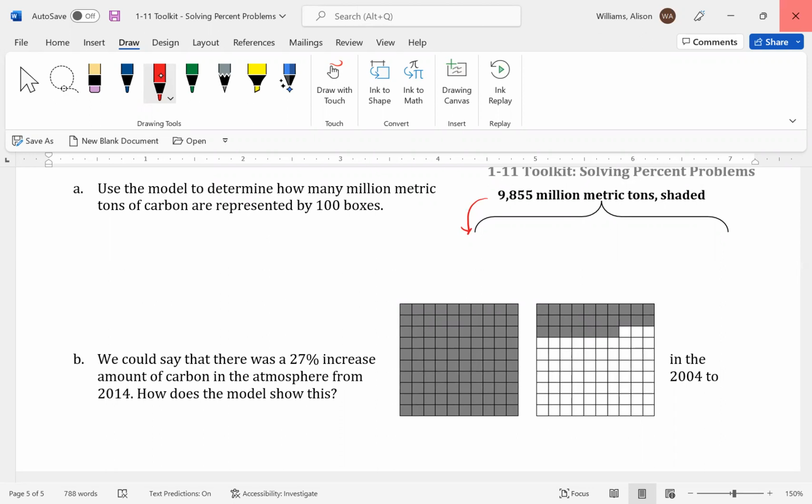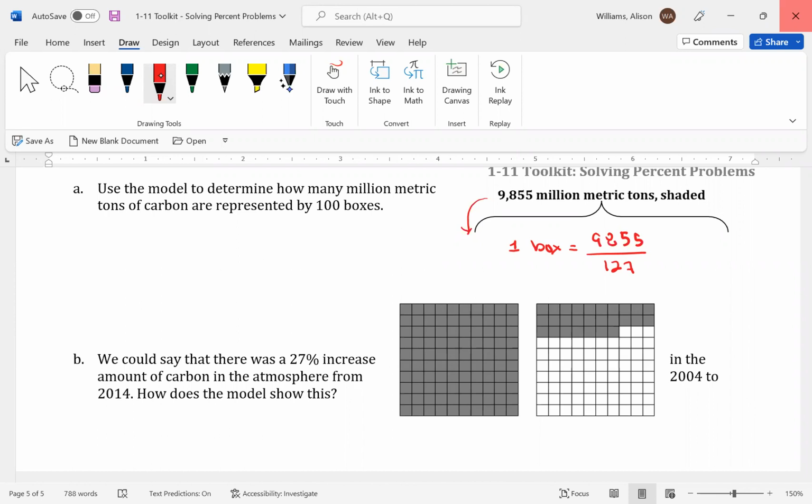To use the model to determine how many million metric tons are represented by 100 boxes, let's figure out how much one box represents. One box is going to be this 9,855 million divided by 127, because that's how many shaded boxes there are.